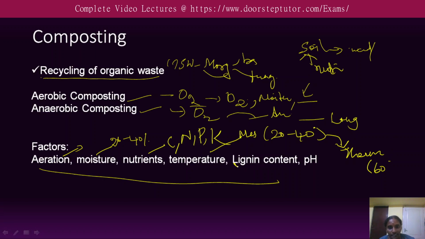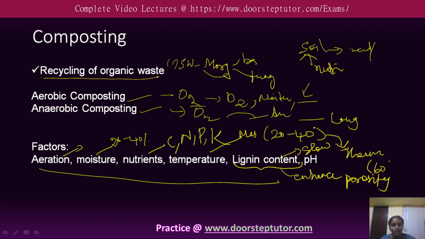Then the lignin content. Usually plant material contains more lignin substances, which are slowly degradable. Though it is slowly degradable, it enhances the porosity of the compost. Thereby, some quantity of lignin we also need to maintain in the composting.